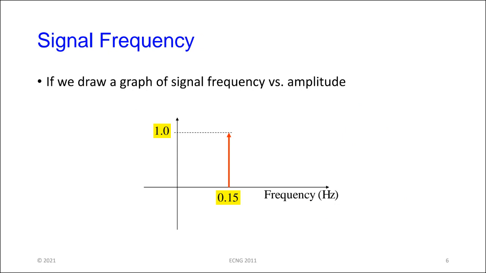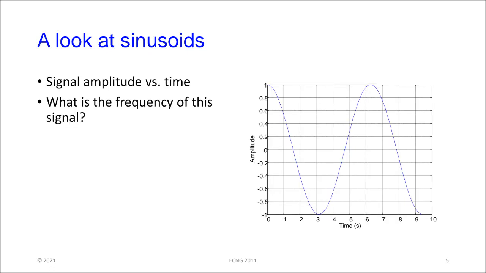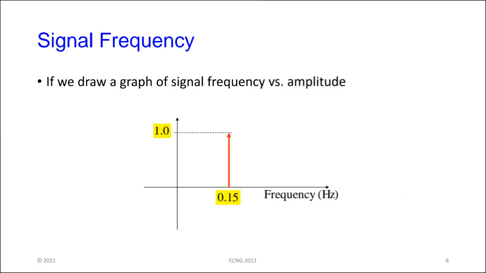So if I draw a graph of signal frequency versus the amplitude of the signal, the peak here is 1. So the peak amplitude is 1, and the frequency is 0.15.